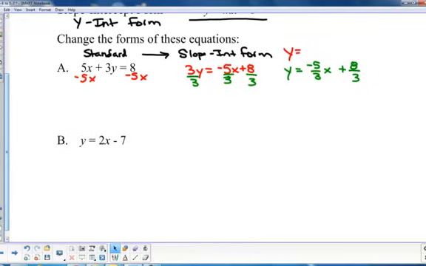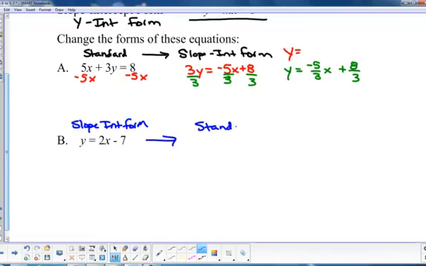If you look at letter B, this is in slope-intercept form. And we're going to convert it to standard form, which means the x and y are on the same side of the equation, and the coefficient of x is positive, and the coefficient of x and y are not a fraction. So we're going to do that by subtracting 2x.